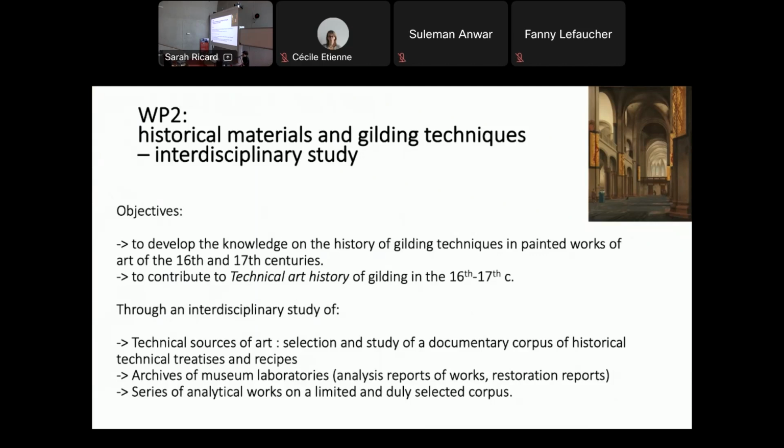The idea about the techniques is that gilding techniques are mostly known for the medieval period. We do not have any publication on gilding techniques in the 17th or late 16th century, while it's a period where the technical approaches of painting are changing, because canvas becomes the main support for painting.